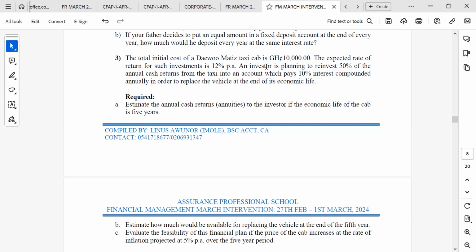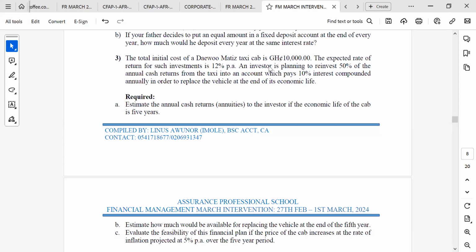So let's find the 12% on the cost. If you buy the cab, the return that you'll be getting is 12%. What is the 12% on the 10,000? 1,200. So how much will you be getting at the end of every year? 1,200. And this is the amount that you'll be receiving every year, isn't it?